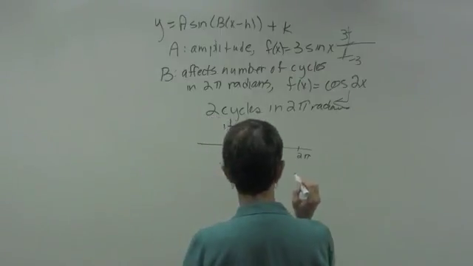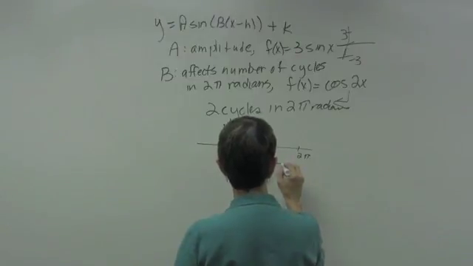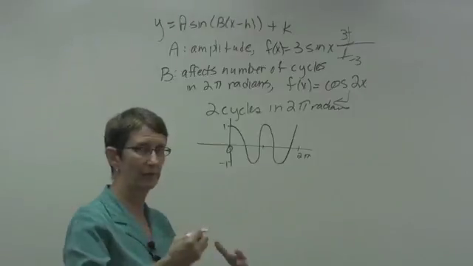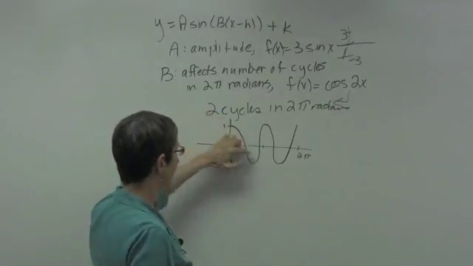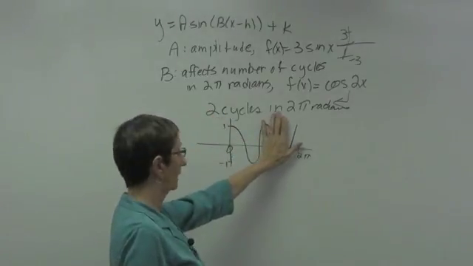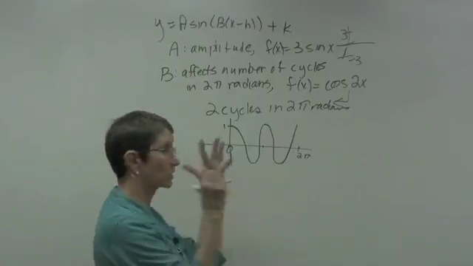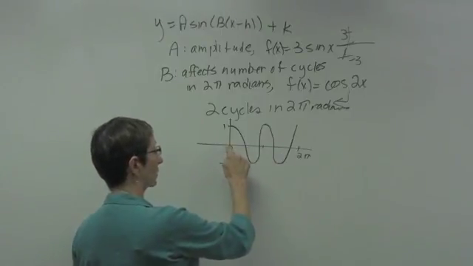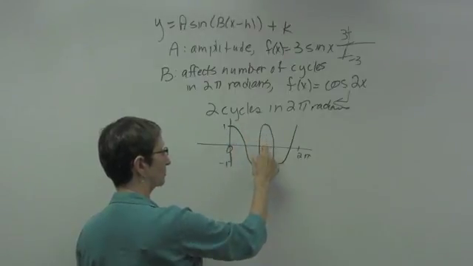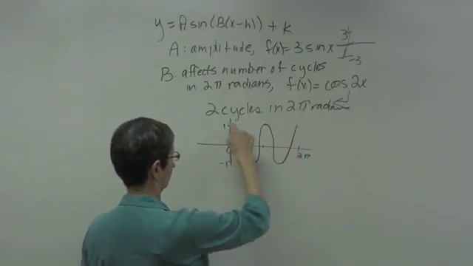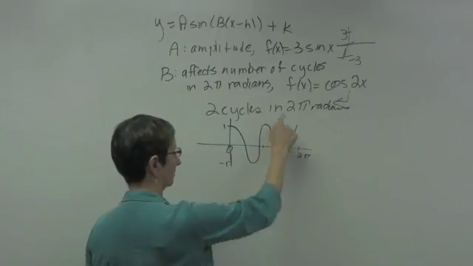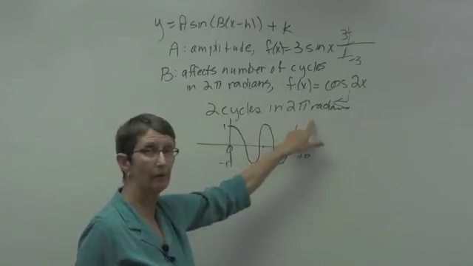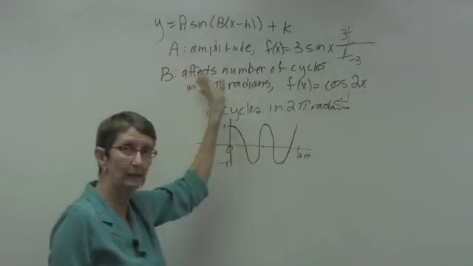That looks kind of weird, but that's the way it looks. 1 cycle of cosine and then the second one. So it shrinks it, where our usual cosine curve would start at 0, go up, down through pi, and back up to 2 pi. So I have 2 cycles in 2 pi radians is what this b inside here does.